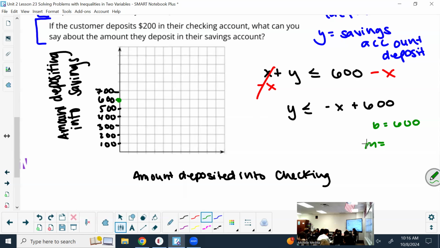Okay, yes. So what is the number in front of the X right now? A negative. Okay, great. So my slope is -1. And if it's not written as a fraction, make it a fraction by writing it over 1. Go ahead.